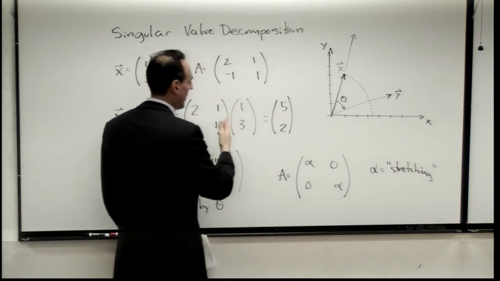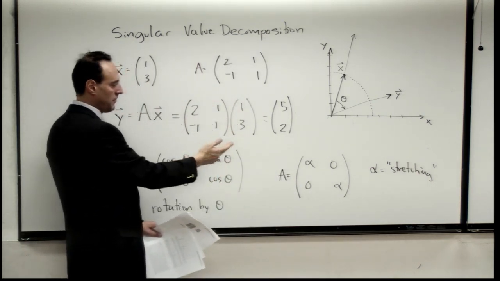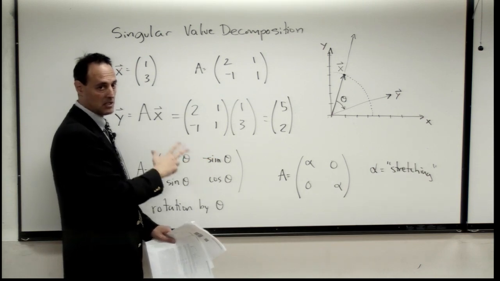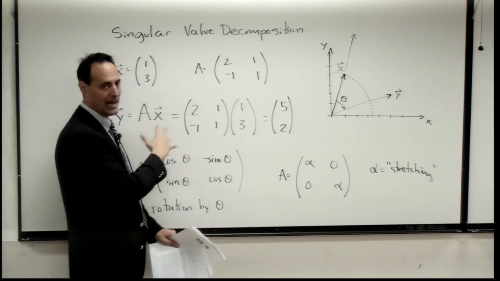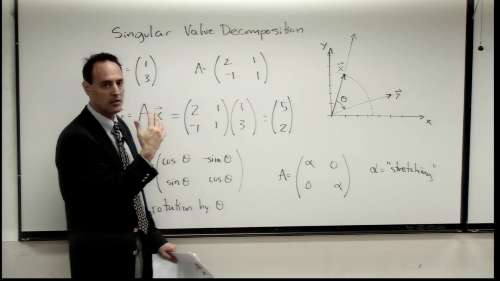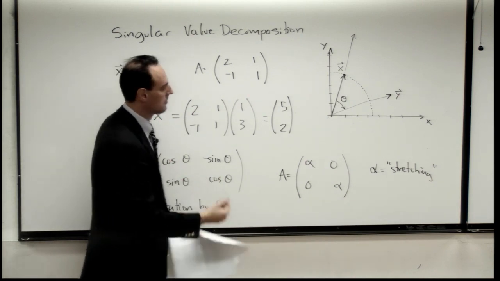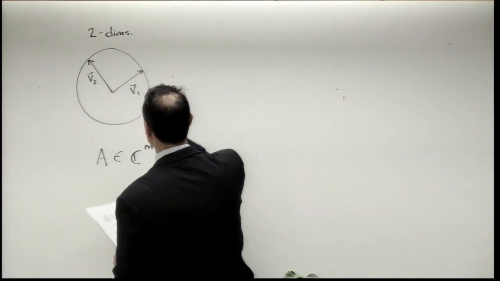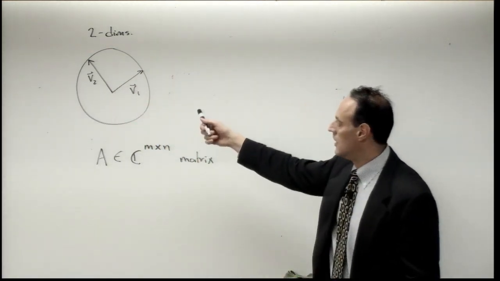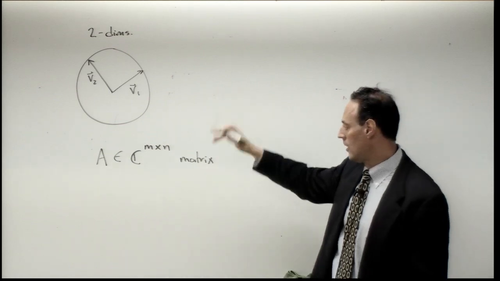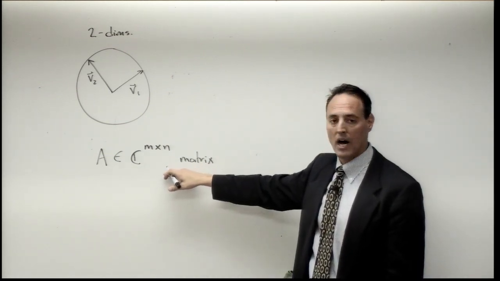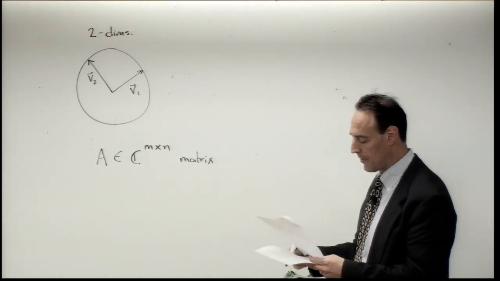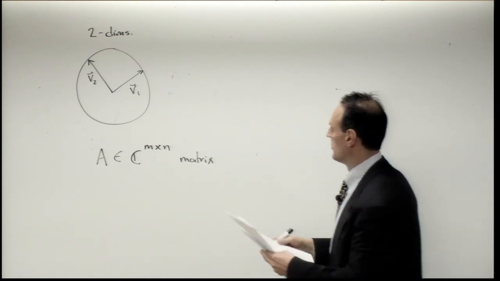By the way, it takes any vector and rotates it by the same amount, and the stretching is the same amount. Okay? It's linear, so it's not like it acts differently on different vectors. For every vector, it rotates it by a certain amount, stretches it by a certain amount. So what happens to the image of a circle, or more generally, to a hypercircle or hypersphere in these dimensions?